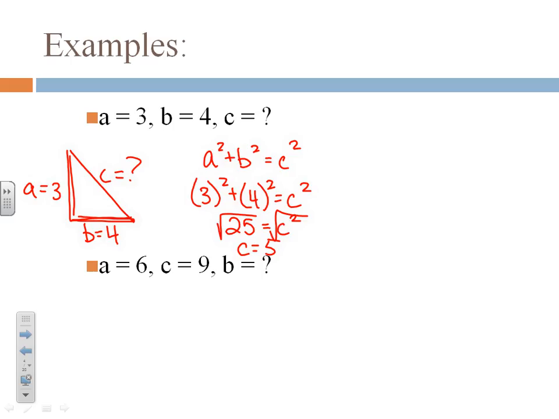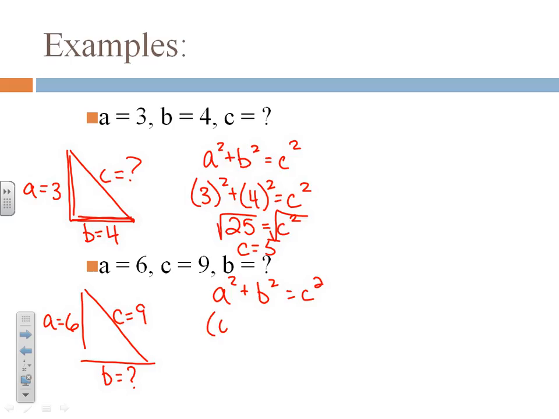legs of our triangle. Alright, so here's our second example. A, B, and C. Here we have A is equal to 6, B is our unknown, and C is equal to 9. Alright. Now as I look at this one and I go to plug everything in, I'm going to notice that this time my unknown is on the left side of my equation there.